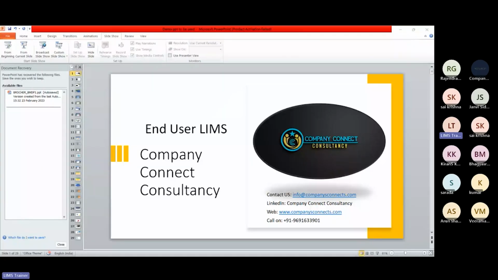Now, how I am relating to this: you are looking into your future, you want to grow in your career. If you are working in a laboratory and you want to go to higher positions, or you want to go to a different industry, like if you are working in the pharmaceutical industry and you want to shift to the IT industry, or CSV industry, or some corporate industry, this basic knowledge of laboratory information management will help you to grow further in your career.